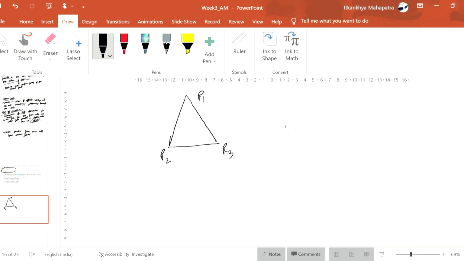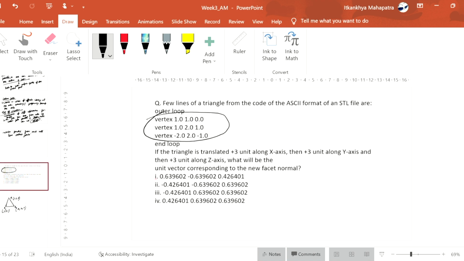We will name them: this is 1, 1, 0. This is 1, 2, 1. This is -2, 2, -1. Okay, I'll just show you the question again: 1, 1, 0; 1, 2, 1; -2, 2, -1.